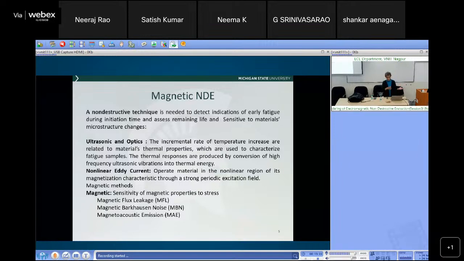It converts the ultrasonic vibrations to thermal, and then you pick up the incremental rate of temperature increase using fiber optic sensors, because the strain changes the optical properties, and you look at how that changes. Fiber optics are very efficient for thermal measurements. Even when curing composites, we use fiber optics for that.